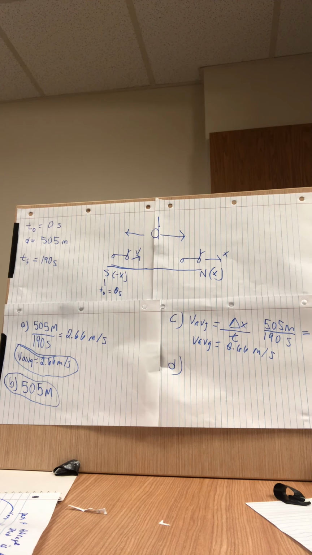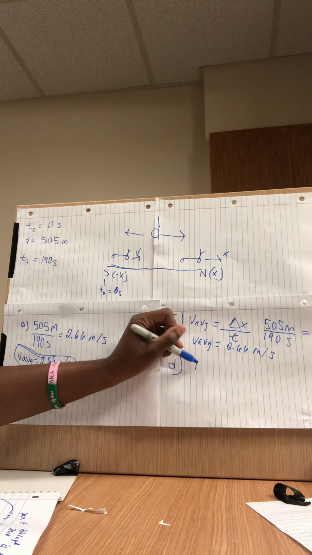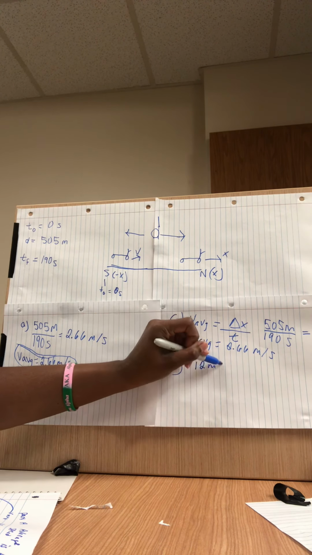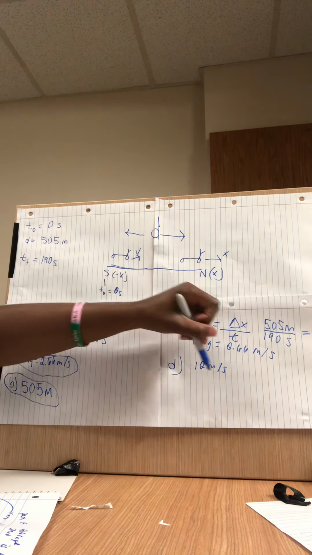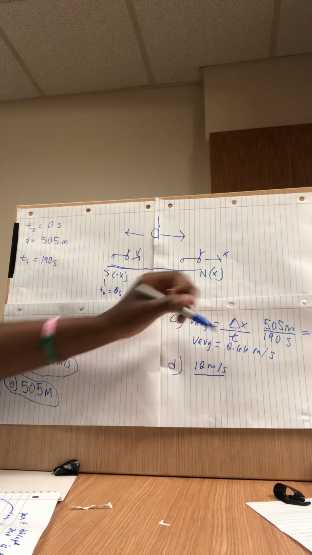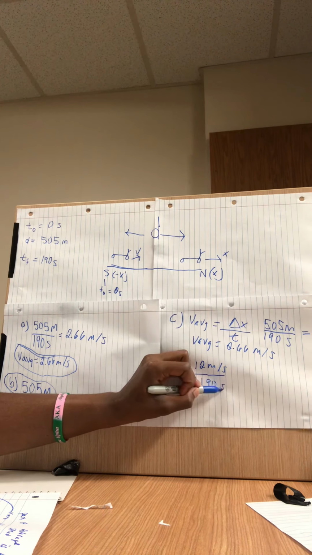So all we're doing is replacing our distance of 505 meters because they asked what was our final velocity, if it was 12 meters per second. So we replace this number by putting 12 meters per second over our time, which would be 190 seconds.